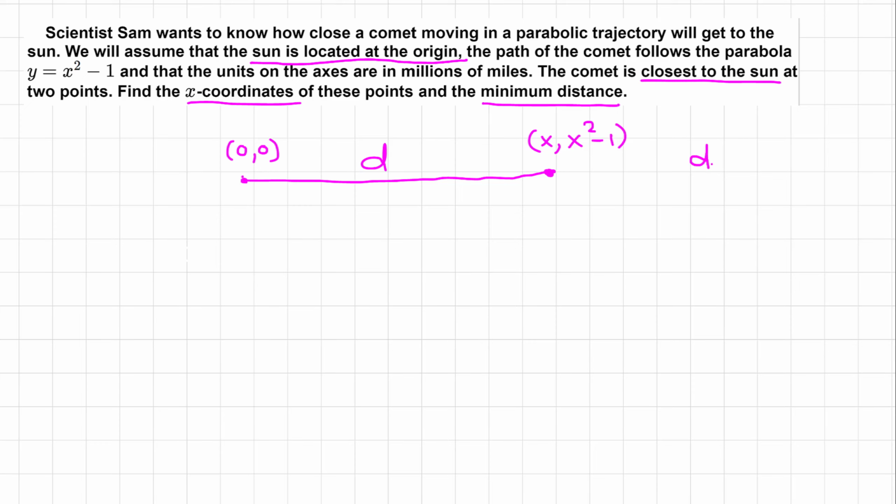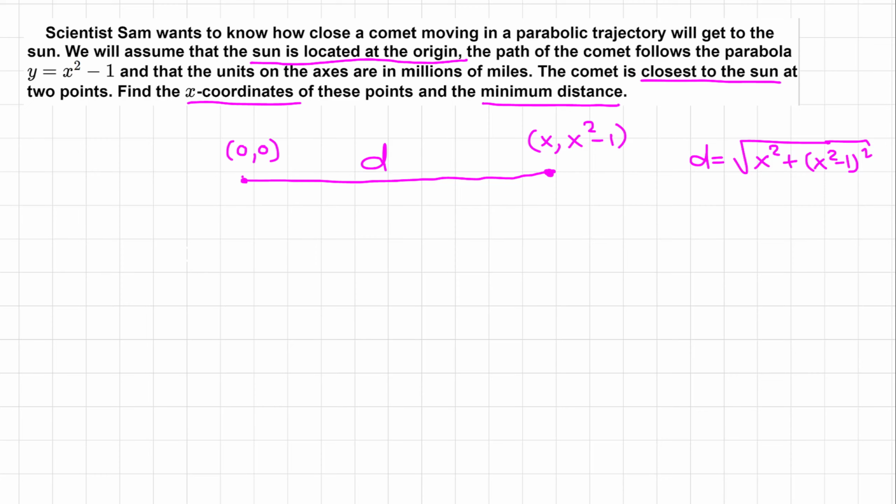The distance would be the square root of this one minus 0 squared plus this one minus 0 squared. This is the distance function, and we want to minimize this to find the closest. That happens for 2 x values, so we need to find those x coordinates and the minimum distance. The distance is given in millions of miles.